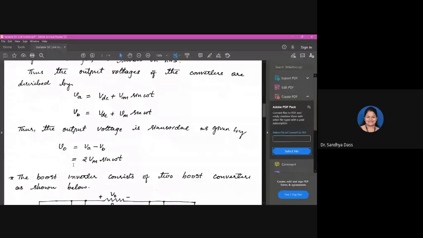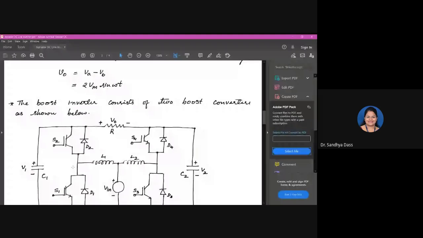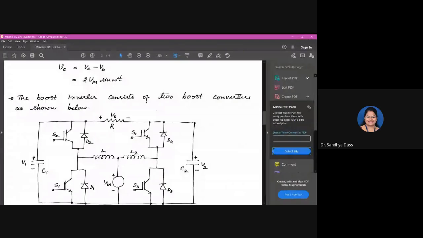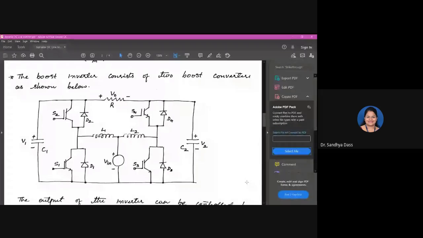So the boost inverter circuit with two boost converters is shown here. I hope you are able to identify the two boost converters here.